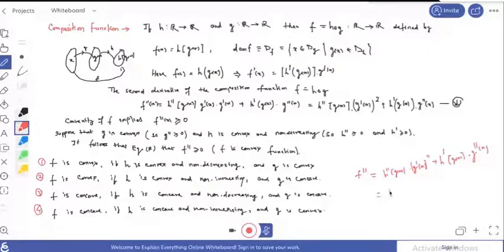Okay, or you can say this is h double prime into g prime square plus h prime multiplication g double prime x.